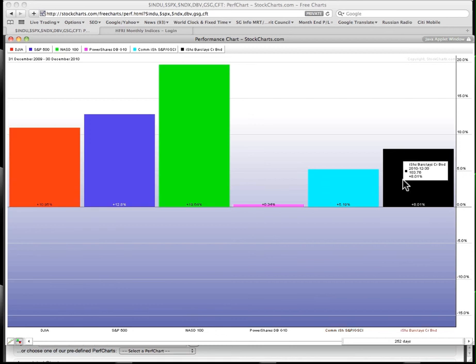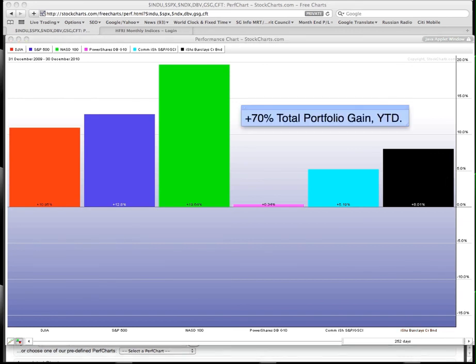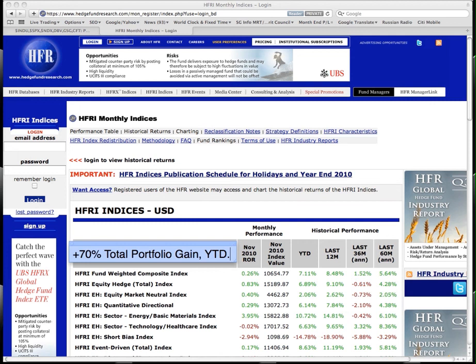For bonds, the benchmark is the iShares Credit Bond ETF, which represents the investment grade credit sector of the United States bond market as defined by the Barclays Capital US Credit Index. With the year-to-date gain of 70% over the original cash, the portfolio has beaten the external benchmark's year-to-date performance.